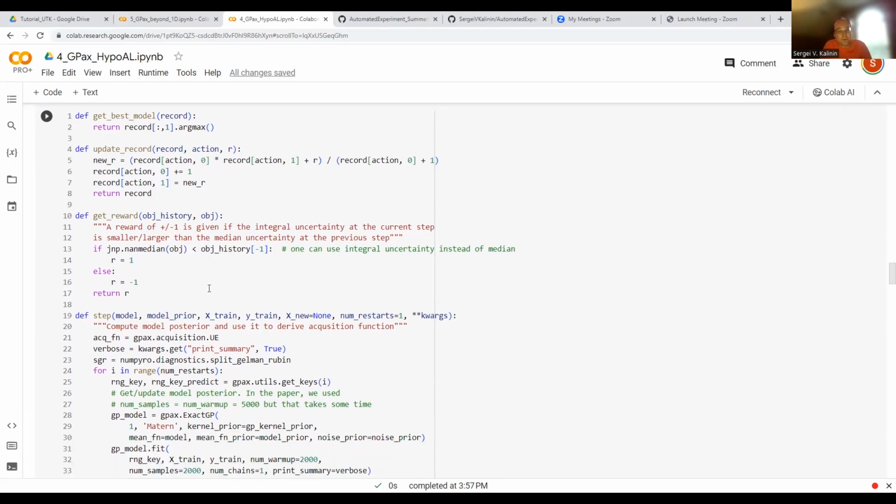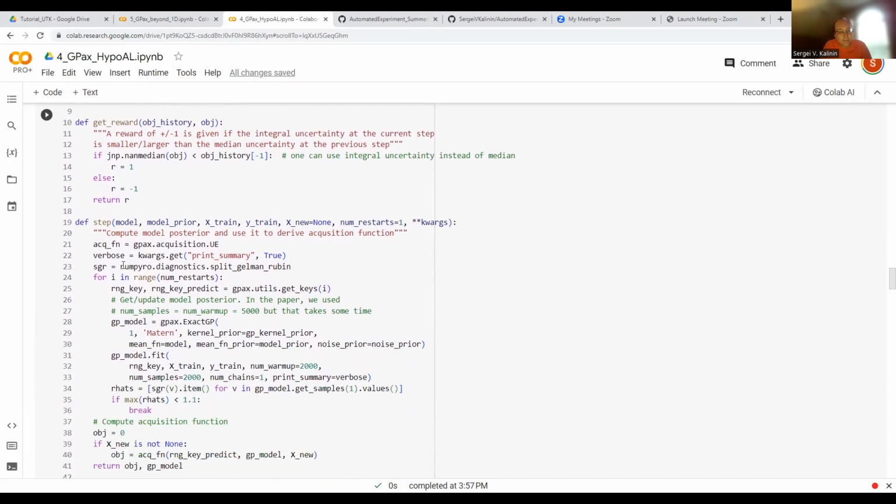So this is how we read out the reward, and this is our step in the hypothesis learning process. We define the acquisition function. We tell it how much information we want to provide the algorithm.